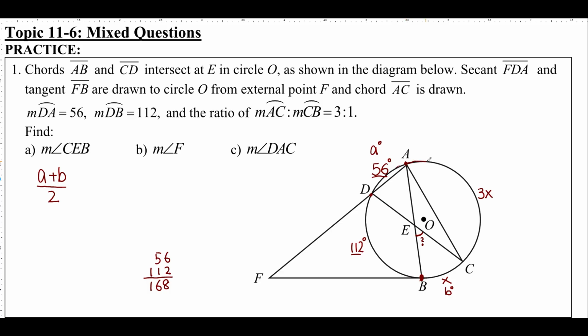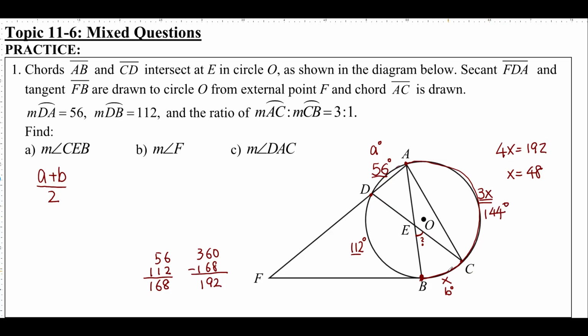Then the other side arc, which is 4x, is 360 minus 168, which is 192 degrees. So 3x plus x, 4x, equals 192, so the value of x is 48. This arc is 3 times 48, which is 144 degrees.